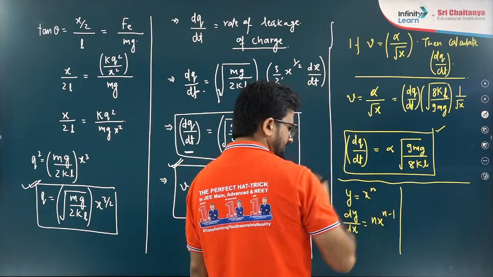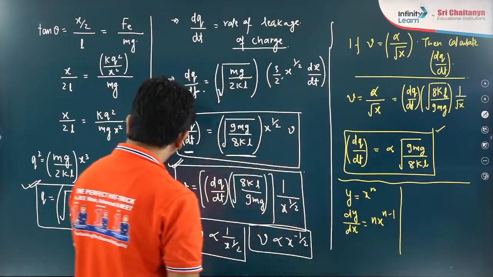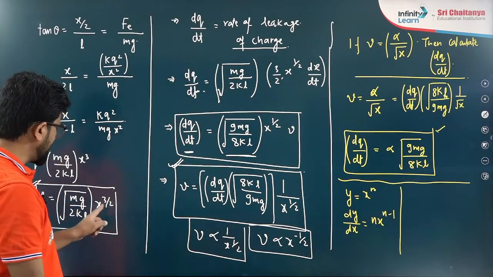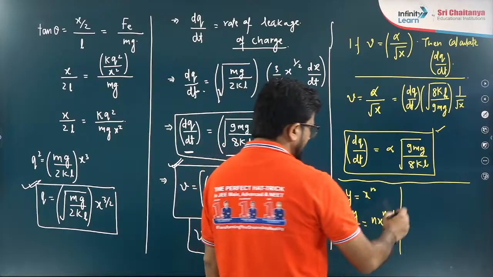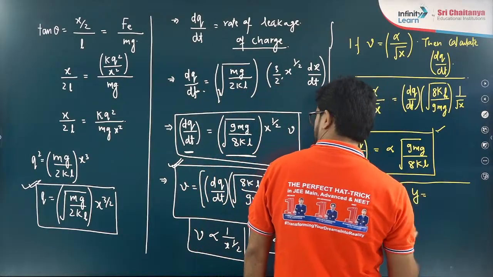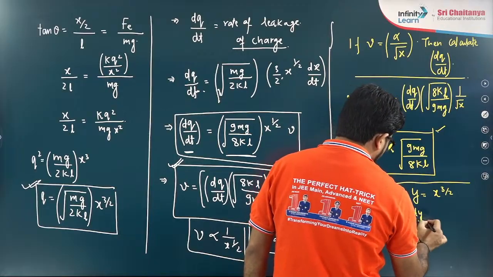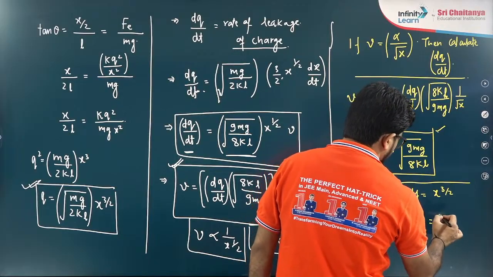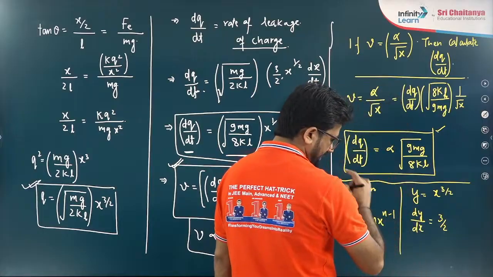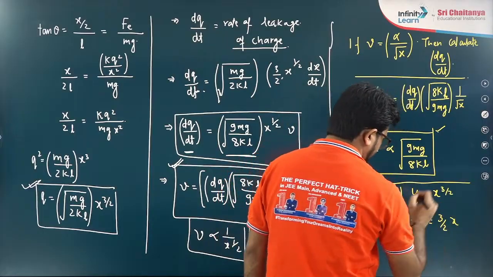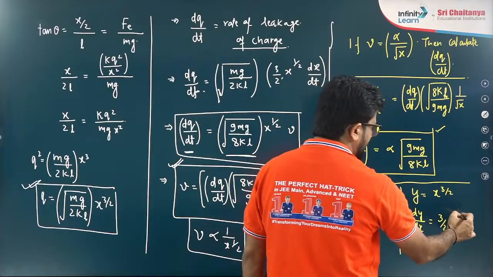This is the concept. So the n value here is 3 by 2. If y is equal to x to the power 3 by 2, what is dy by dx? That is equal to 3 by 2, the power written in front of x, and x to the power 3 by 2 minus 1, that is 1 by 2.